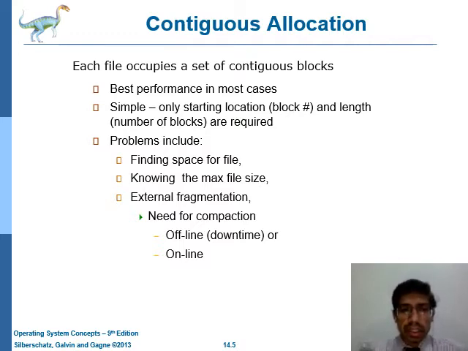Okay, so we understand that for a user a file is a single logical unit of information. If I assume that this presentation is a single file, then I would prefer reading it from top left to the bottom right, starting with the words contiguous allocation, followed by each file occupies, and so forth, going till the last few words like offline, downtime or online.